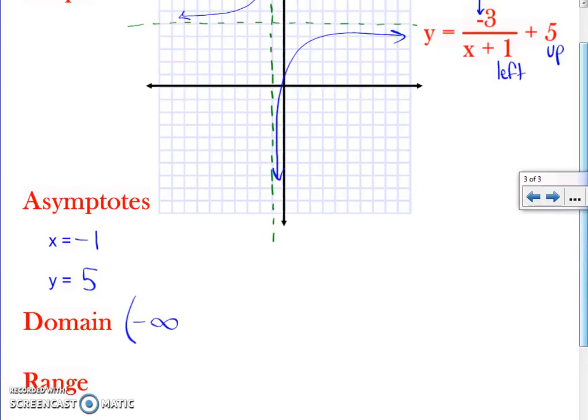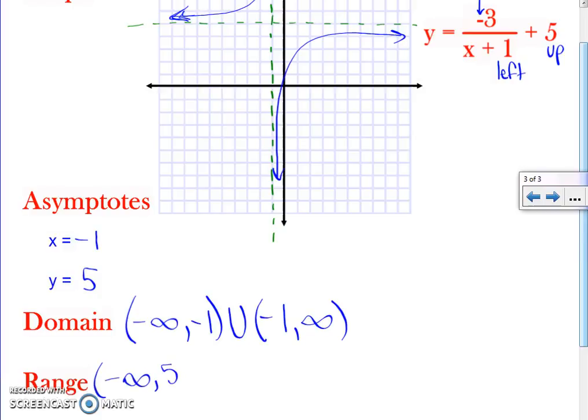Remember, we're scanning left to right, so this arrow right here is saying negative infinity, up to what? Negative 1. There's a jump, and then it starts at negative 1 to infinity. You're seeing the pattern here. Range starts at the bottom, so we start at negative infinity up to 5, then starts at 5 and goes to infinity. Any questions?